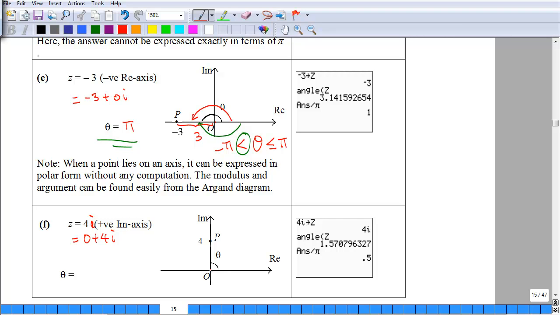Since it's 0, I won't move left or right. But because of the plus 4i, I'll just move 4 units up from the origin. So from here, I can see that the argument is exactly this angle here, theta, and it's obvious that the argument will be pi over 2.